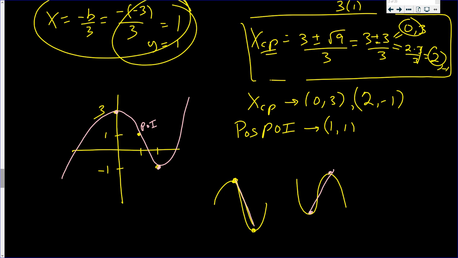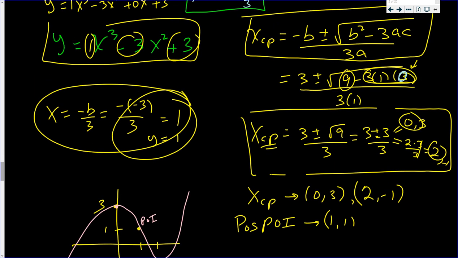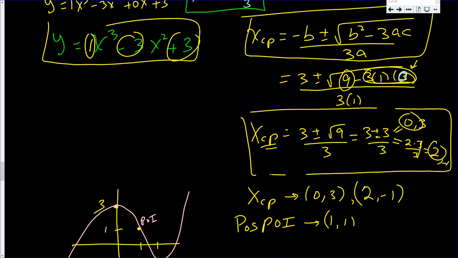And I didn't take derivatives. The formula already did that. All I did was to find the point of inflection. I said that x is -b over 3a, and b is -3, so it's 1. Then I found the y value, which happened to be 1 as well.